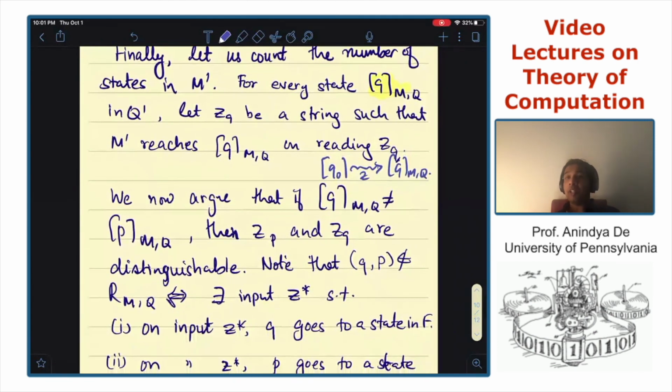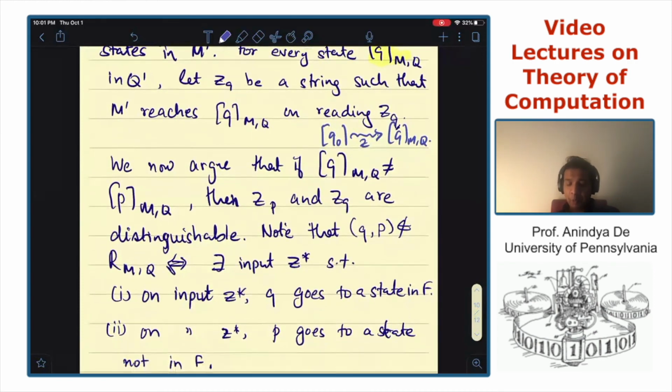Now what I'm going to argue is that if two states in M prime are different, namely [Q]_M is not equal to [P]_M, then the two strings ZP, which takes the automaton M prime from the initial state to [P]_M, and ZQ, which takes it to [Q]_M, must be distinguishable strings. By distinguishable strings, I just mean that ZP comma ZQ is not in R_L, where L is the language of M. Well, why is this true?